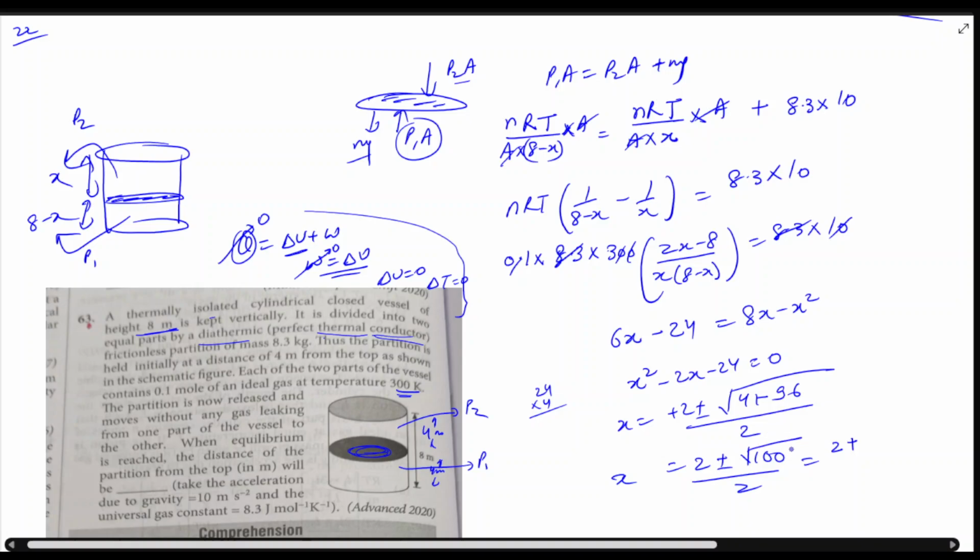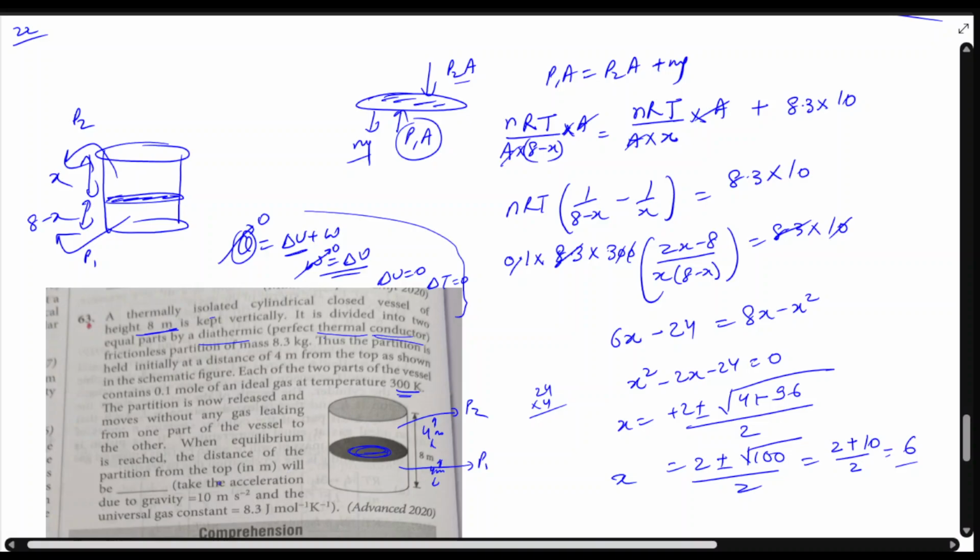Everything is the same, nothing is wrong. This is 10 divided by 2, so yes, 10, not 100. So x will become 6. So 6 will be the answer.